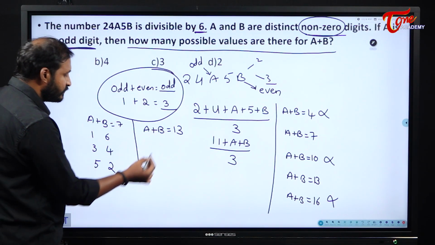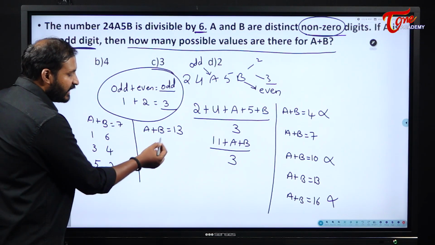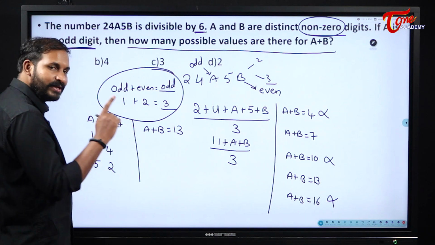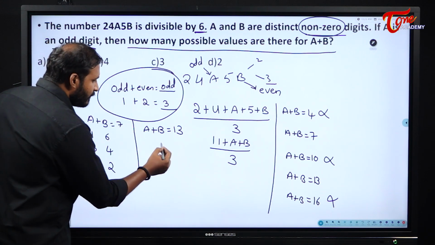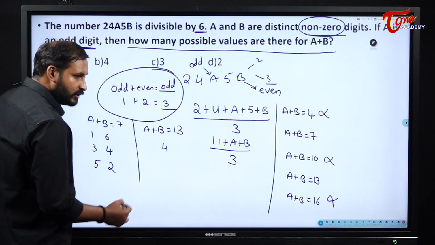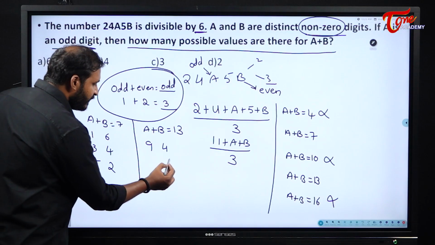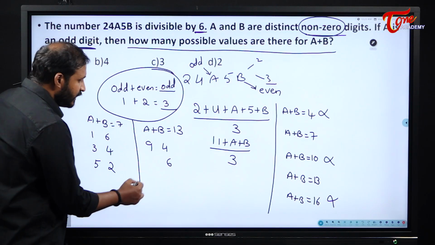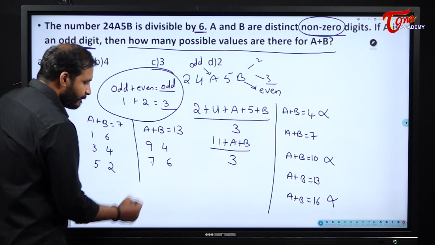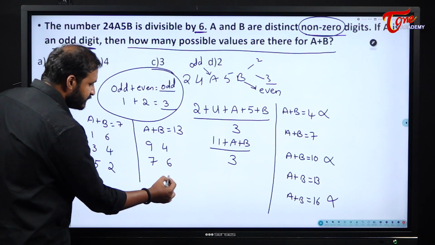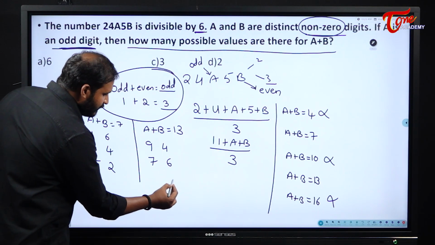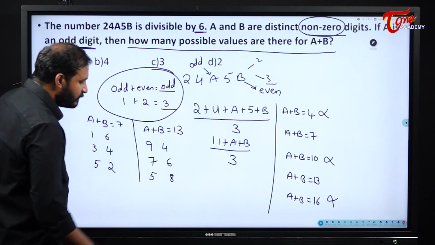Next, when it comes to 13, what chances can I have? Can I take 1 and 12? No. Why? Because B should be a single digit. So the minimum value of B starts from 4. Then A becomes 9. Next, if B is 6, A becomes 7. There is a possibility. If B is 8, A becomes 5.